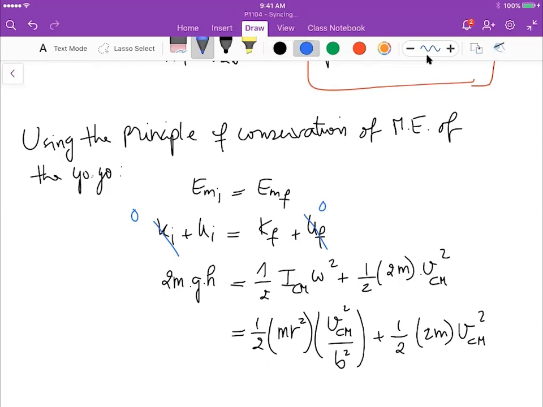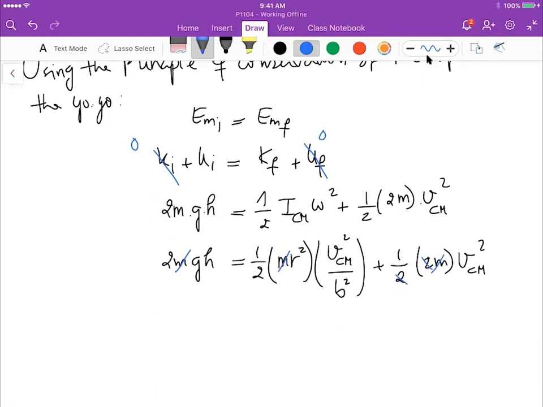Now all we need to do is to make some cleaning of the equation. So what do we get? Let's write below 2m g h. And so we end up with, let's reduce the m factor everywhere. So this is reduced now, and here 2 with 2 also they are reduced, and so we end up with 2gh is equal to, we put V center of mass in factor, we get 1 plus r squared over 2b squared, multiplied by V center of mass squared.